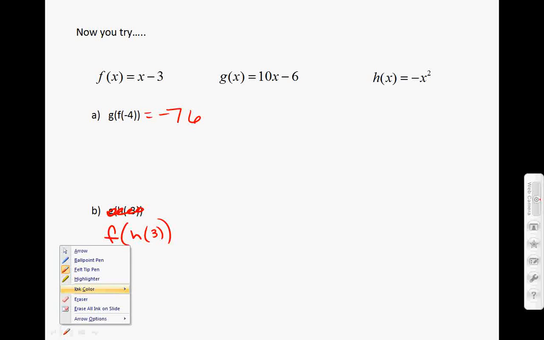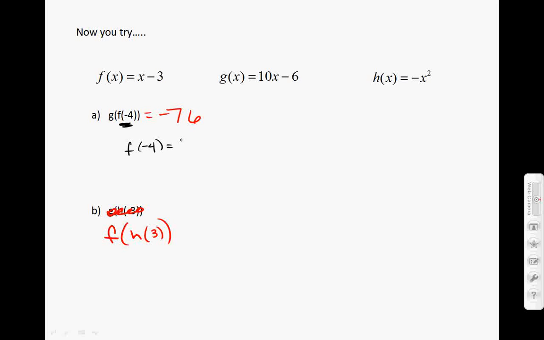So we're going to start with f of negative 4. F of negative 4 equals negative 4 minus 3, which is negative 7. So we're going to take negative 7 and we're going to put it into the g function.